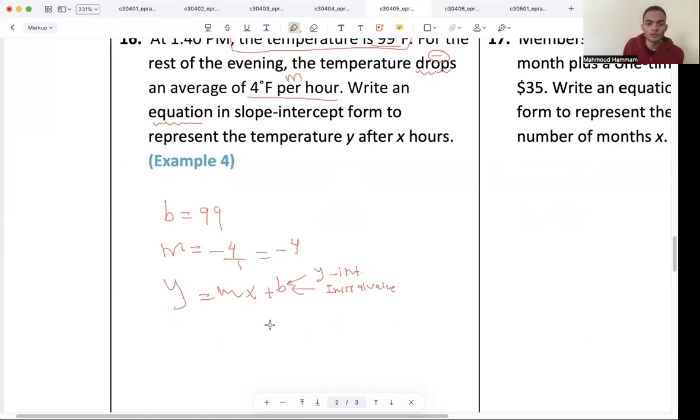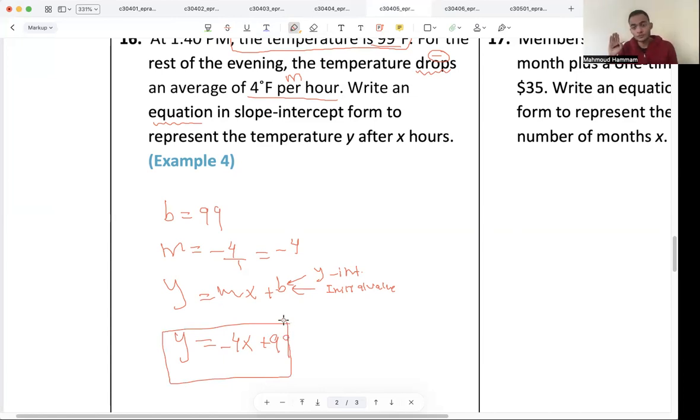Okay, solve with me. Who will tell me the equation? So y equals, Adham, m is negative 4, so negative 4x plus 99. So this is my equation.